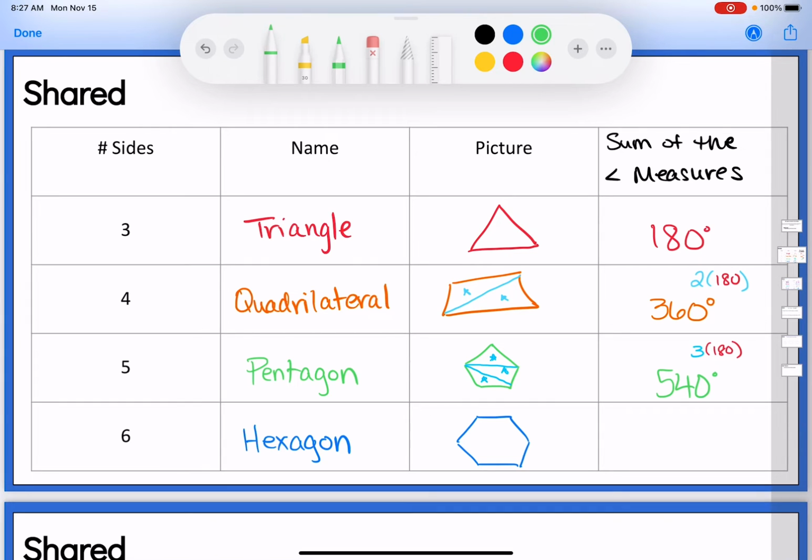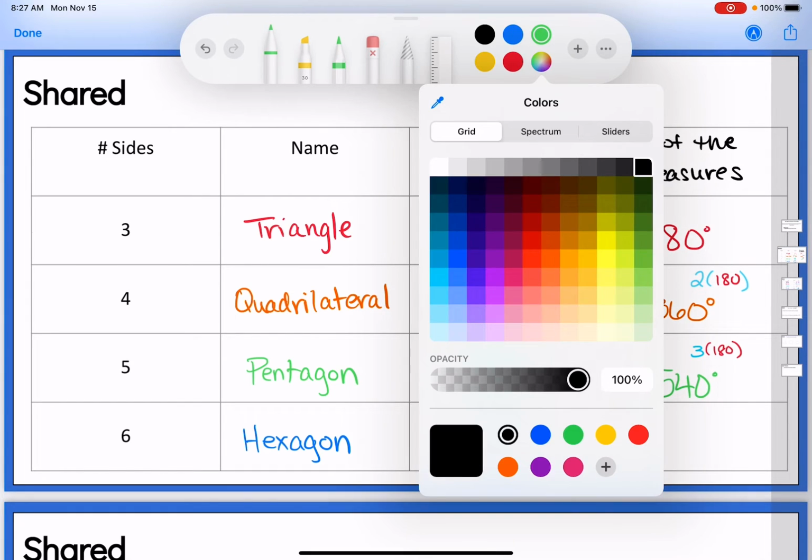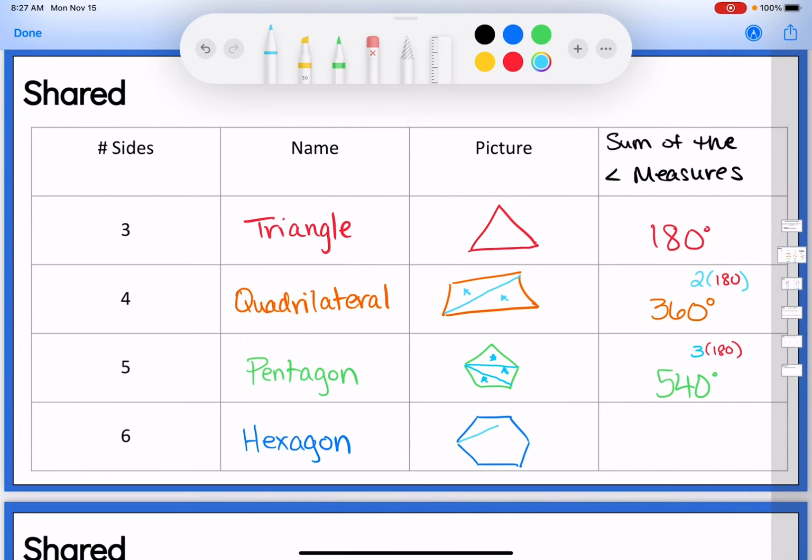How about a hexagon then? Okay, hopefully you're seeing a pattern here. All right, 1, 2, 3, there we go. Now I have 4 triangles, right? 4 times 180, might need your calculator on that one. 4 times 180 is 720 degrees, so the interior angles add up to 720 degrees.